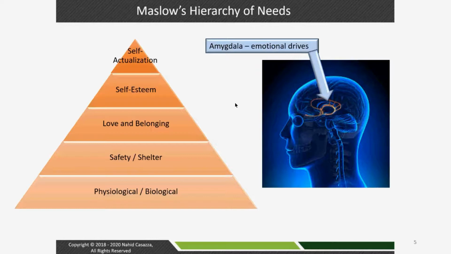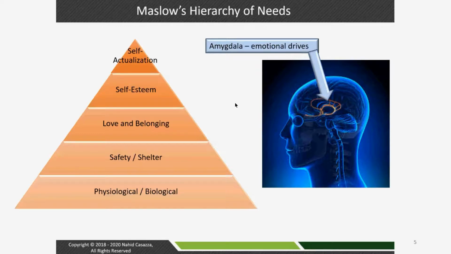On a biological level, we are programmed to survive and reproduce. And we need some kind of system in our body that communicates to us about what we need to do to survive and reproduce. And Maslow's hierarchy of needs is a great model that explains why we behave the way we do, and often why we feel certain emotional reactions.